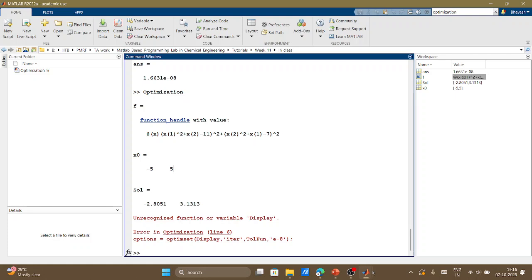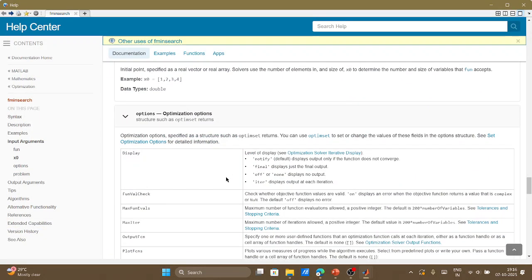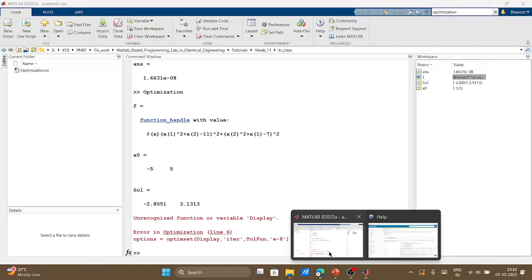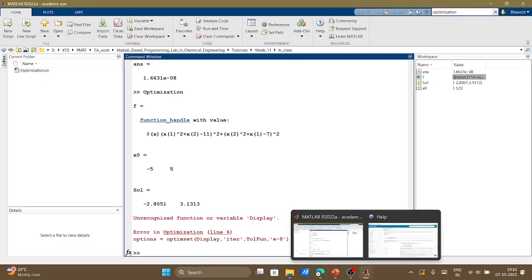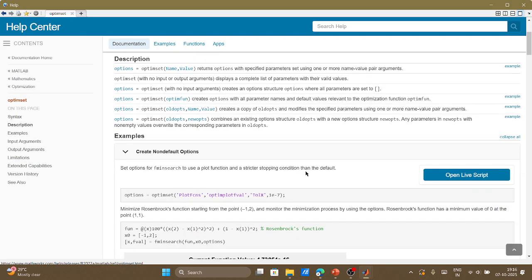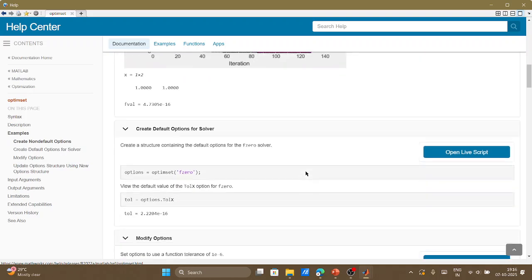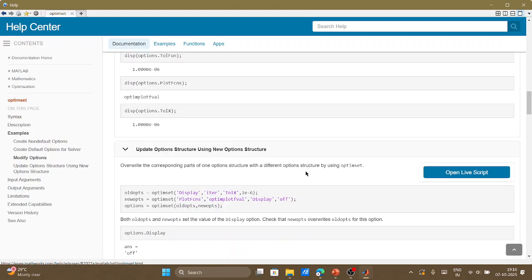Optim set display is unrecognized. Why? Okay, yeah, got it.